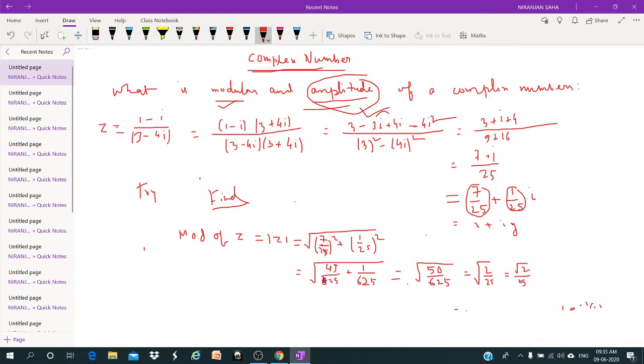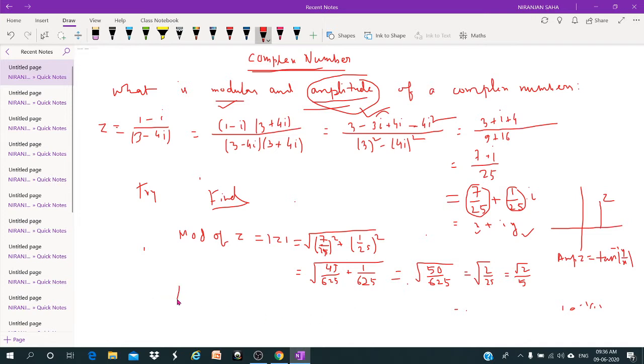And what is the amplitude? To calculate the amplitude is very easy here, because x and y are both positive. So in the complex plane, the number z belongs to the first quadrant. So here the amplitude is very easy to find out. Amplitude of z is simply tan inverse y by x. You can take the modulus or not, it does not matter.